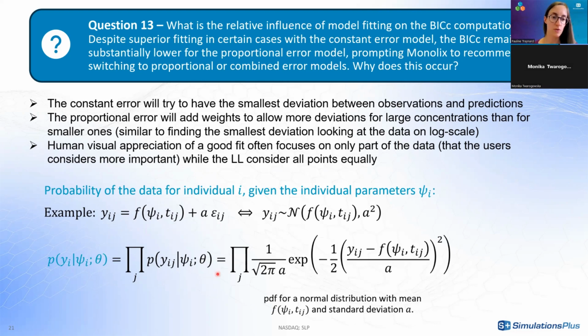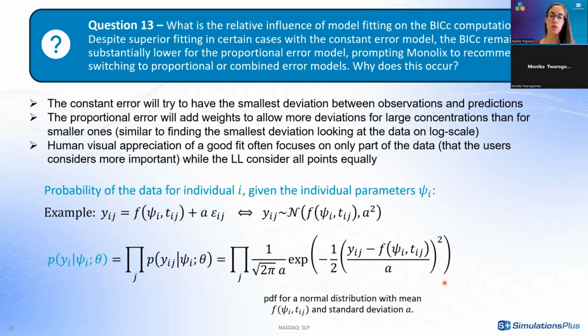In that case, the formula for the likelihood looks like this. You see that it is based on the differences between the predictions from the model, that is the function f, which depends on the individual parameters psi i, and the observations y. These differences are divided by the residual error a.